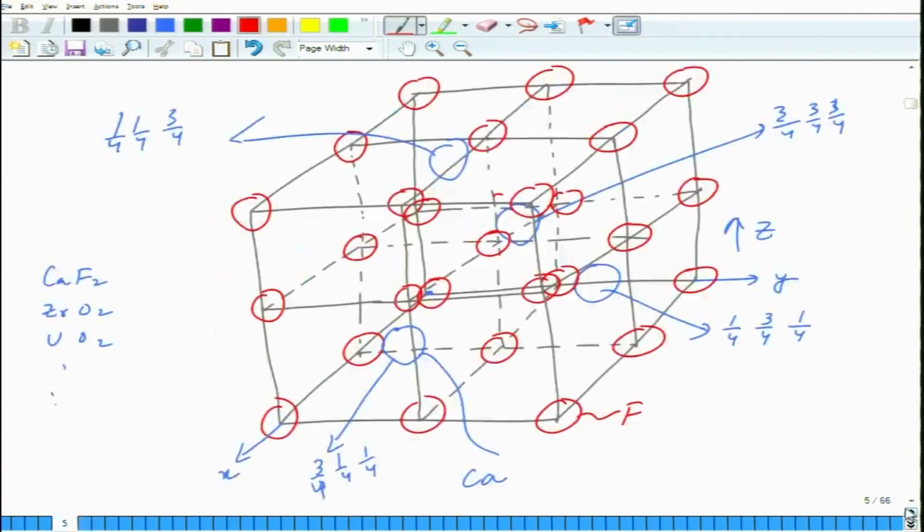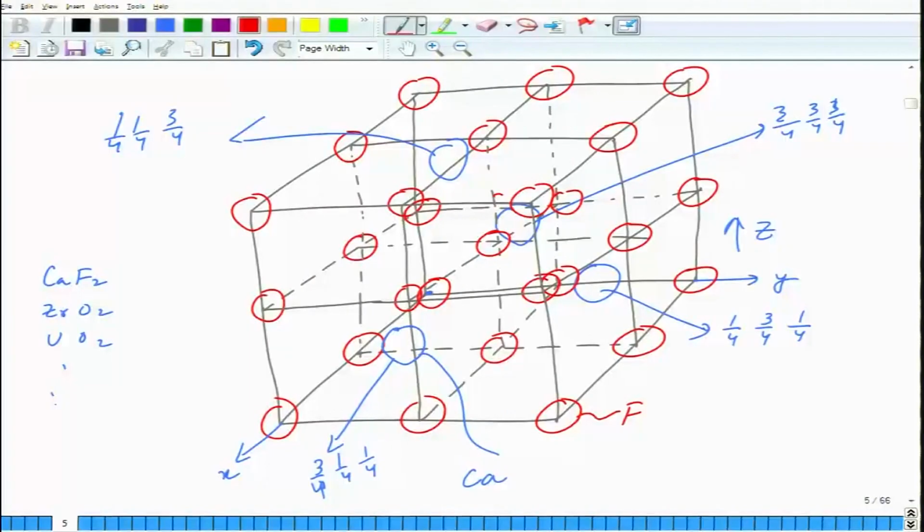If you look at the previous structure, we have seen that calcium makes an FCC lattice, right. Calcium surely makes an FCC lattice, but for fluorine you are seeing as if there are 8 cubes, it is like two FCC lattices of fluorine put into each other.